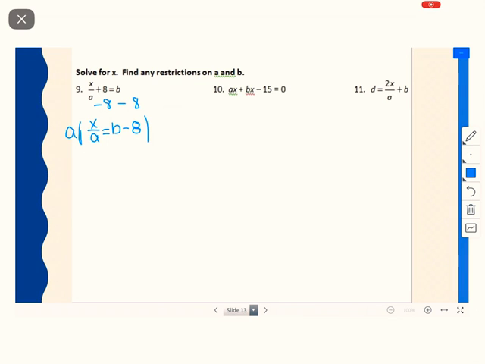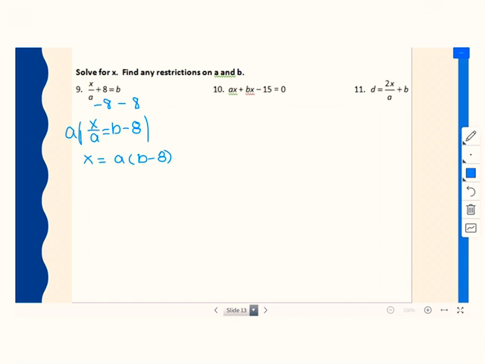So your a's cancel on the left, and you get x equals a times b minus 8. So I've successfully gotten x alone.